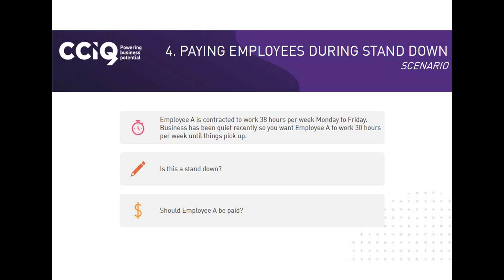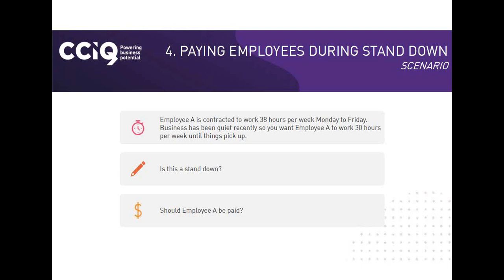Should the employee be paid? Yes. So they're contracted to work 38 hours, and the employer must acknowledge their obligations under that contract. So we have seen employers, when times get slow and they've got people contracted to work 38 hours a week, say, well, we'll just get them to work 30 hours a week. They can have a day off and we'll just pay them for the 30 hours a week.